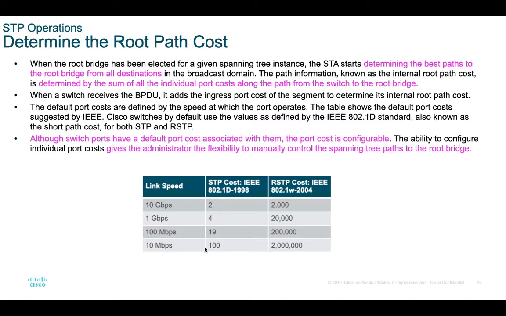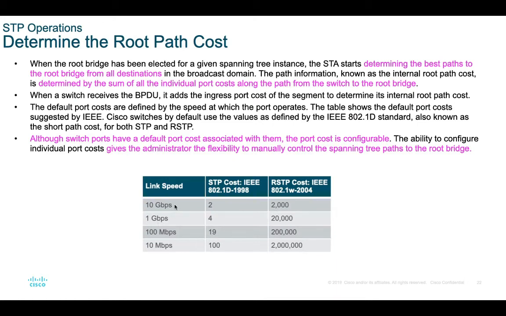Most of the time in our network, we will be using fast Ethernet or gigabit Ethernet, so it can be 19 or 4. But there is a revision for rapid spanning tree protocol. They are using the value of 2000 for 10G, 20,000 for 1G, 200,000 for fast Ethernet, and 2 million for Ethernet.